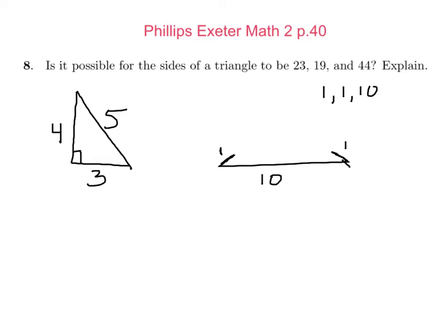So then the question becomes, well, what if we extend it? What if I extend this side here, and instead of 1, I'll make it 2? We can still see that it won't reach. So naturally the next question is, how far can we extend it until it reaches?